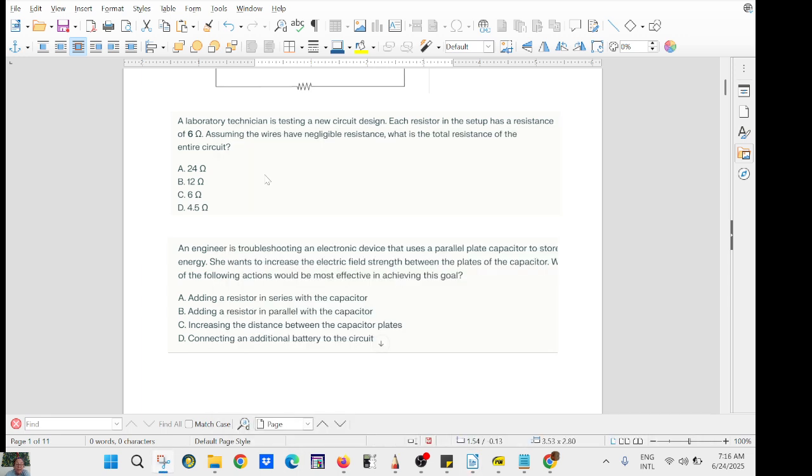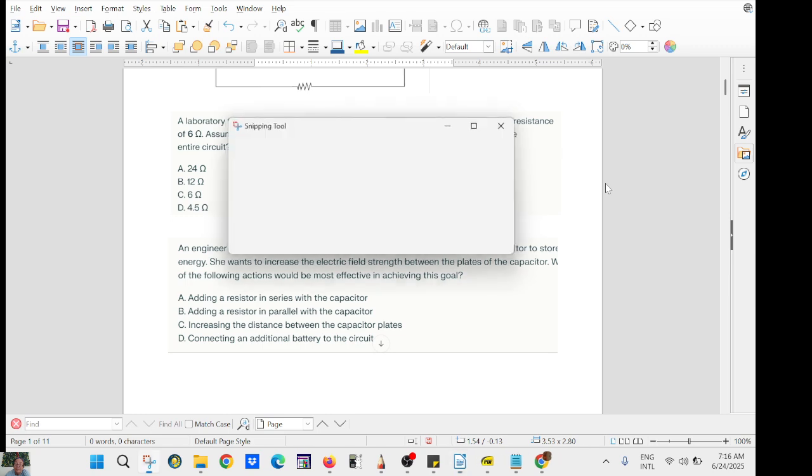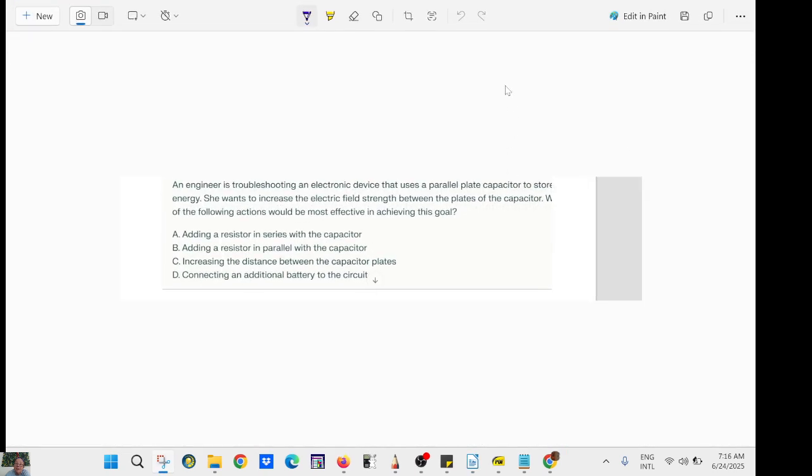You can also remember that you have a plate here with plus, plus, plus, and minus, minus, minus. You have an electric field in between the plates. And if you add a battery here, you're going to increase the voltage.